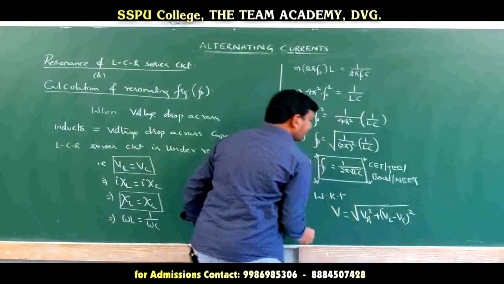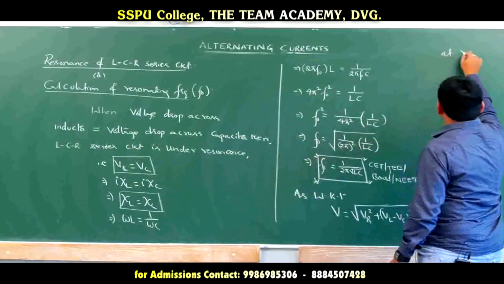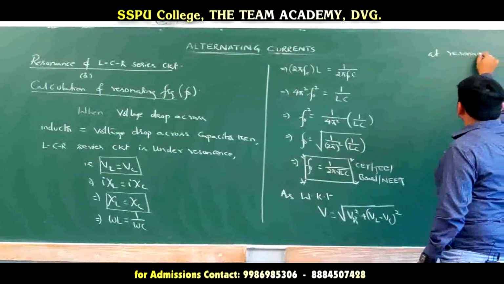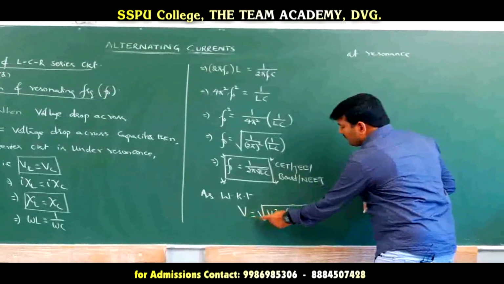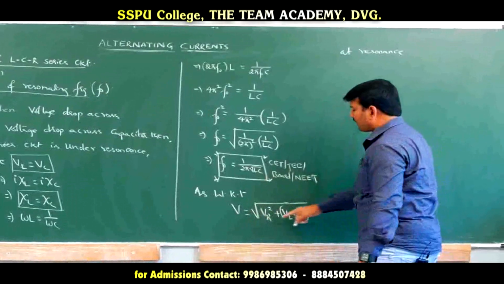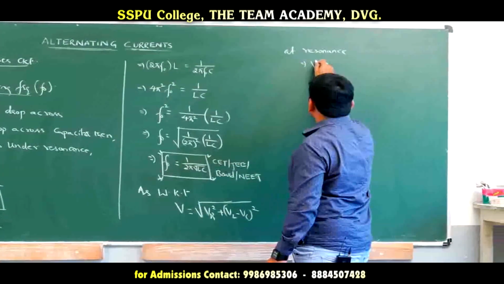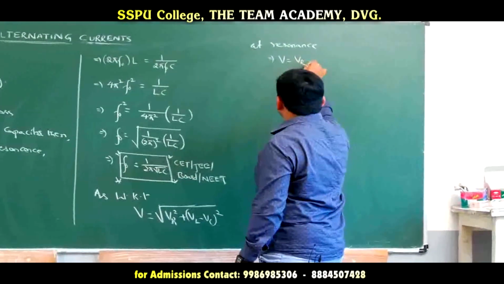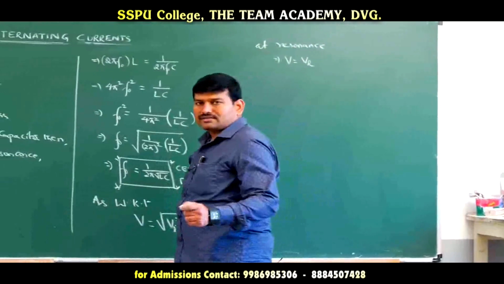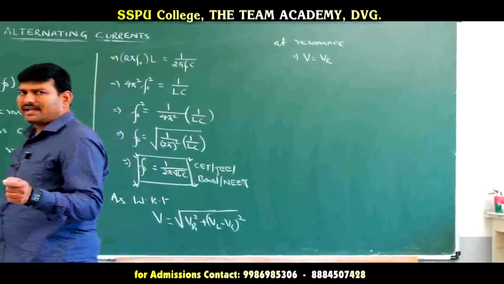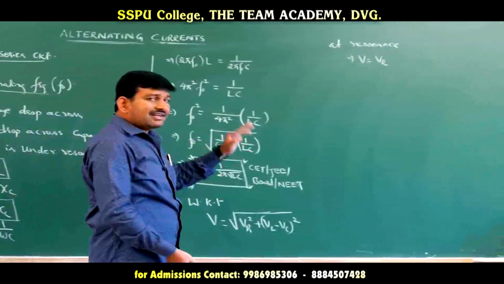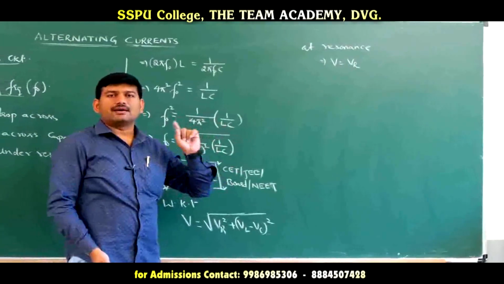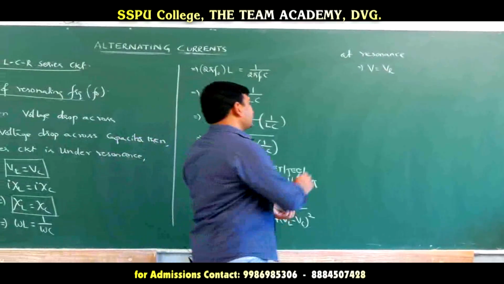At resonance, VL is equal to VC, therefore this term cancels. Therefore, V is equal to square root of VR square. This implies the applied voltage is equal to the voltage drop across the resistor. So, at resonance, the applied voltage will be exactly equal to the voltage drop across the resistor, and the LCR series circuit will behave like a pure resistive circuit.